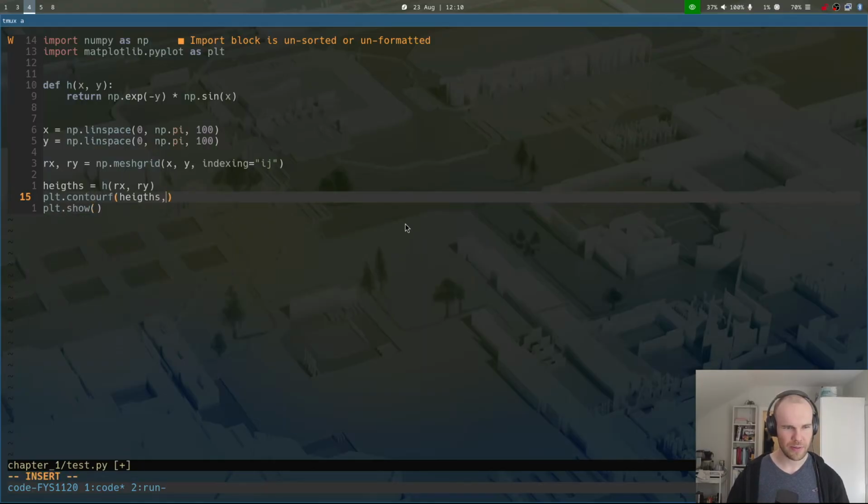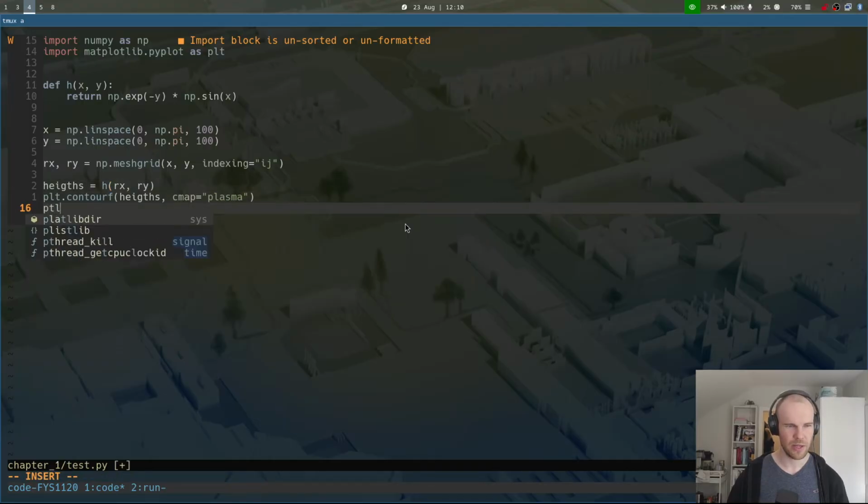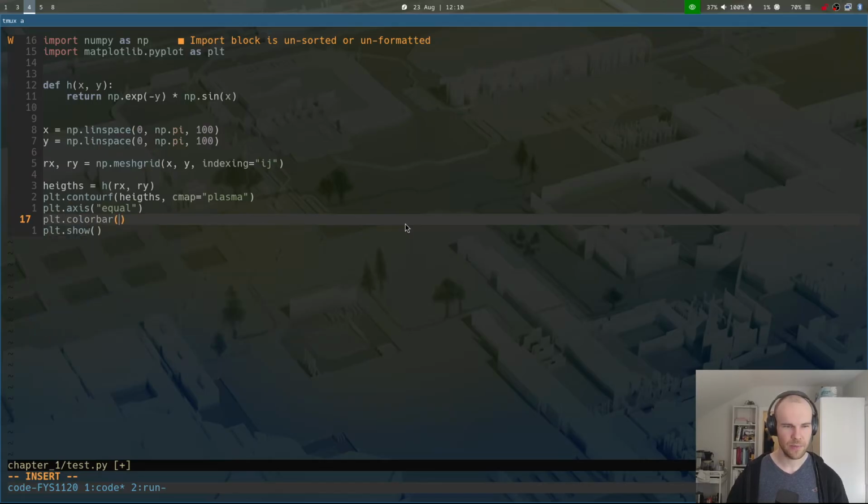plt.show. I think we also want cmap, that should be equal to plasma. But I think this should be all right. Maybe plt.axis equal. And I also want plt.colorbar with label equal to just height.